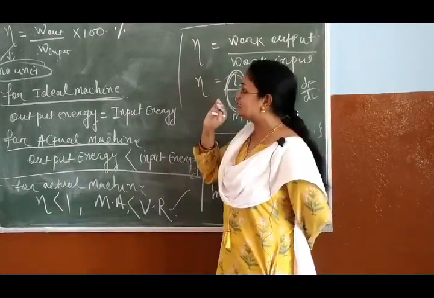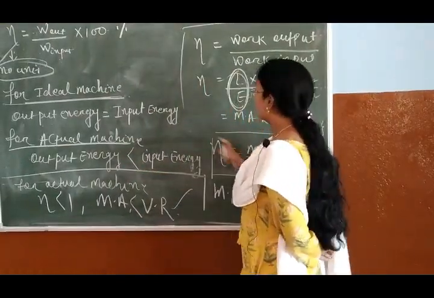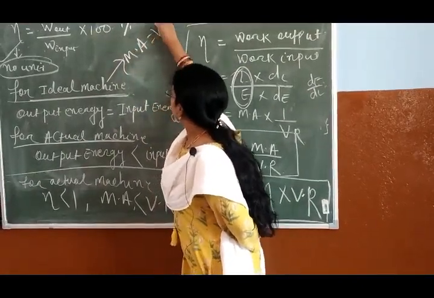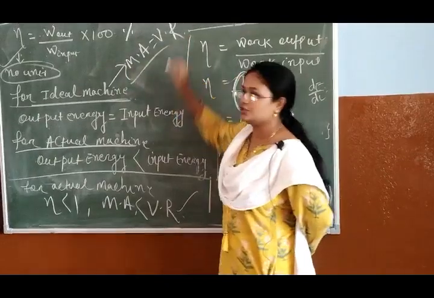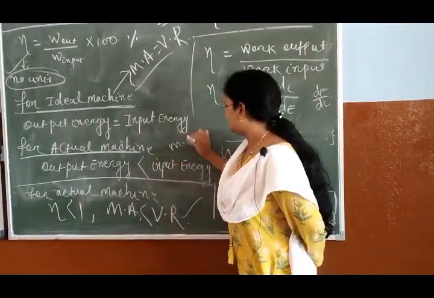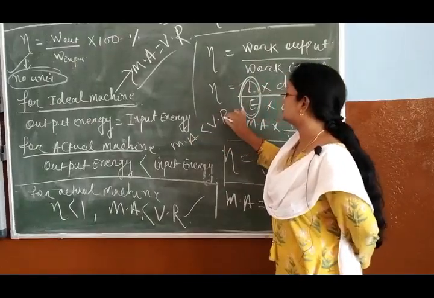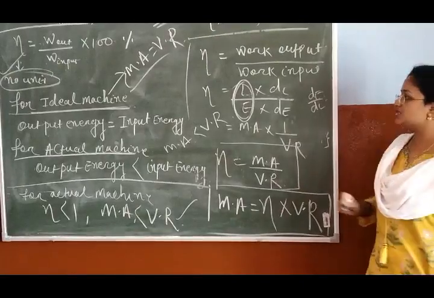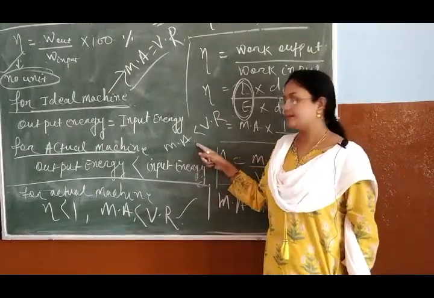If efficiency is 1, that means for an ideal machine, mechanical advantage is equal to velocity ratio. But for an actual machine, mechanical advantage is less than velocity ratio. This is a very important 1-2 marks question. These things you will remember. Okay.